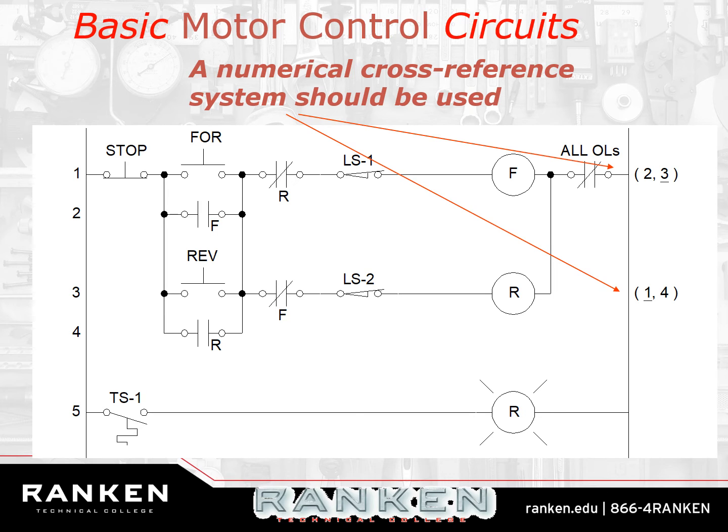The decision here to turn on the forward control relay, or the forward motor starter, is causing action to take place on 2 and 3. Everybody understand that? So then we've got to look at 2 and 3 also. That is an action that's caused by that decision. Okay? If there's an action being caused by a decision on another rung, we need to know where it's going to take place.